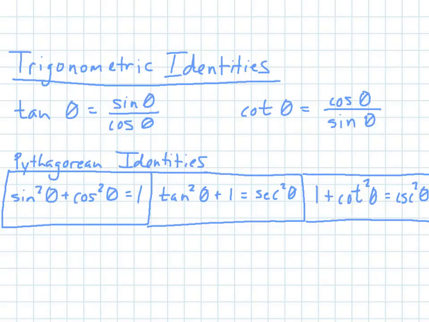Now, one identity that we just kind of used was the Pythagorean identity. We used this one because if you think about the unit circle, you have the y squared for sine, and you have the cosine squared for x, and that equals your r squared.